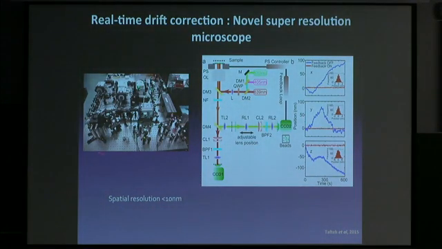This is an image of the system which was built in chemistry at UBC by Reza Tafteh and Keng Chou. And basically the magic is that it has feedback correction for drift. We bought a $250,000 STORM system. It's not very good because it drifts. These guys made this for a few tens of thousands of dollars in the basement in chemistry, and if they switch off the feedback, you can see the image drifting all over the place.